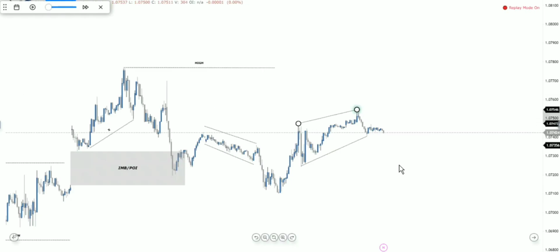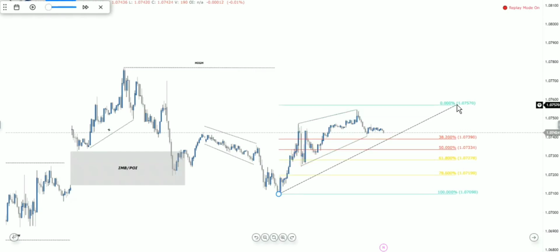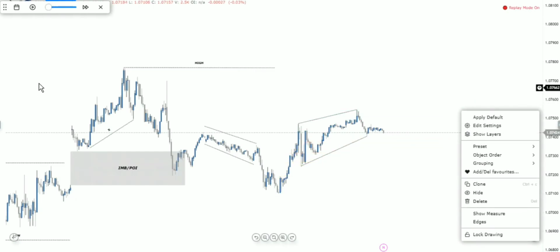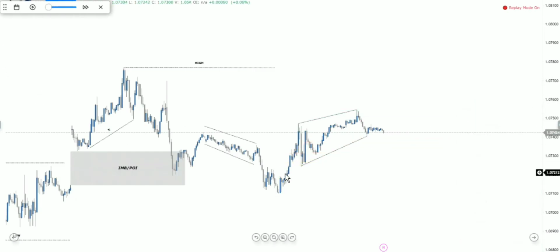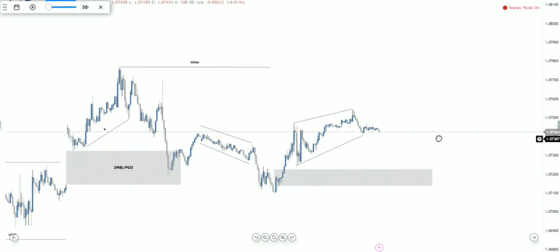Right, so there's some more liquidity over there. Let's see if we can get another position from here. Okay, so somewhere in here is a most likely level of demand.